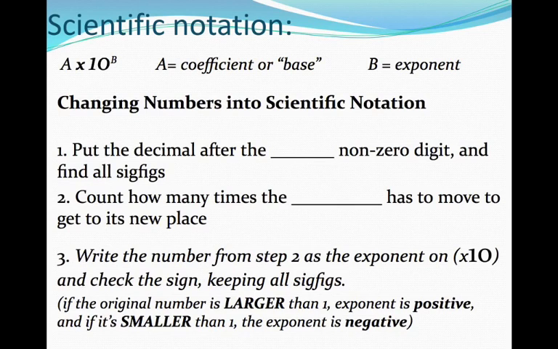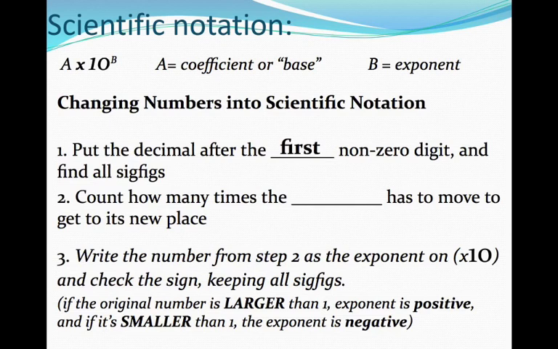And I have that still up at the top for reference, but let's talk about how we take a number and put it into scientific notation, into this form. The first step is paying attention to the decimal. We're going to move the decimal from wherever it is, either invisible at the end of the number or written someplace in the middle of that number, and put it after the first non-zero digit.